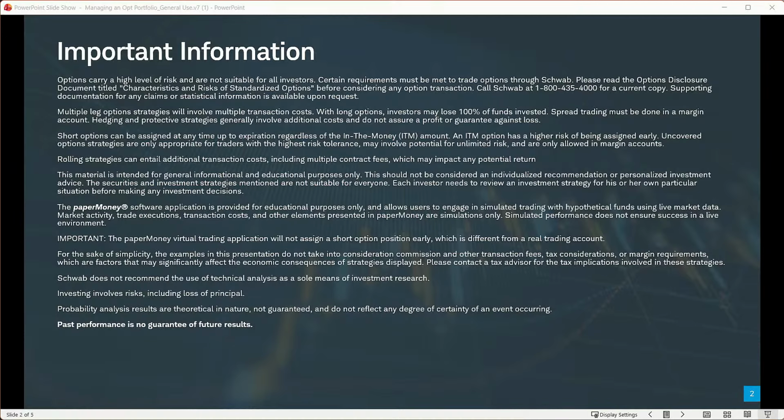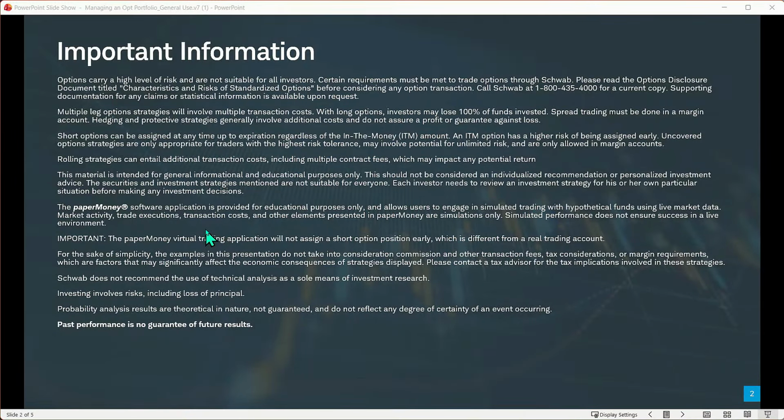The paperMoney virtual trading application does not assign short options early, which is different from a real trading account. For the sake of simplicity, I may not factor commissions into these sample trades. They're example trades, not recommendations by any means. Past performance is no guarantee of future results. All investing involves risk, including loss of principal.